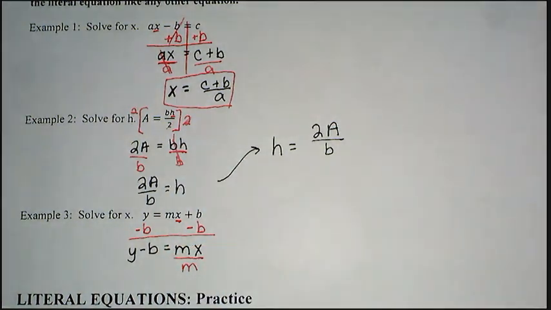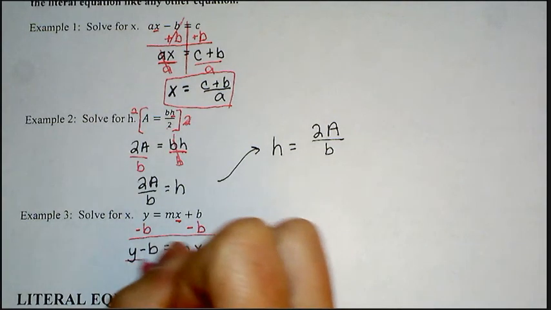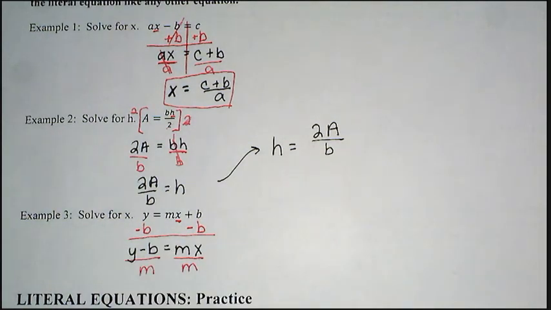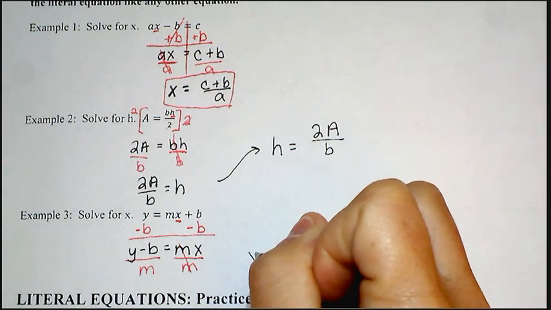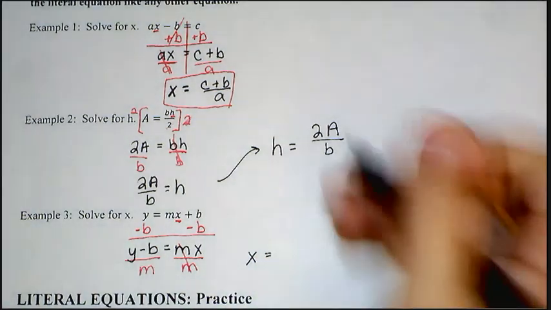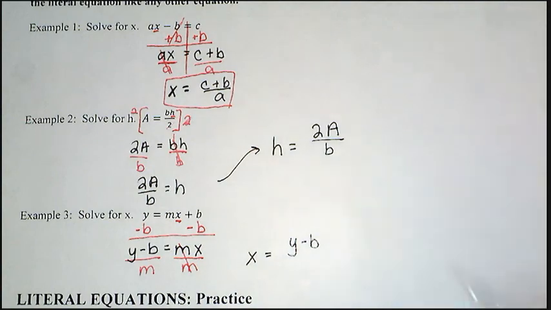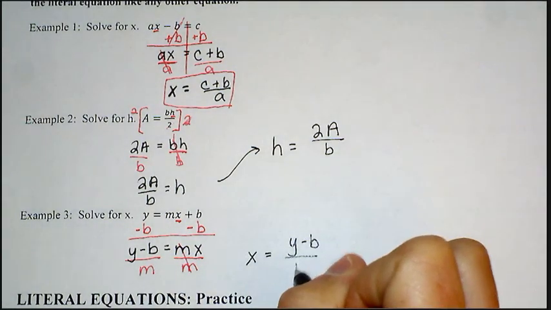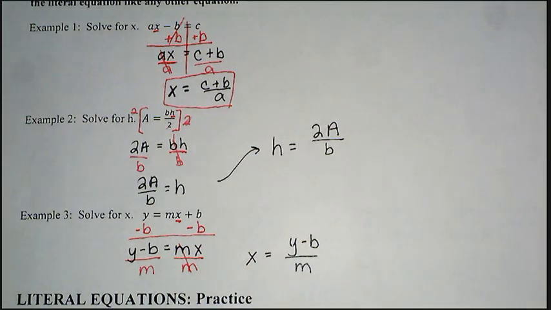Right now, x is being multiplied by m, so I'm going to divide by m. Those m's will cancel out. I don't have a lot of room here, so I'm going to write on the other side. x equals this whole fraction, so y minus b over m. And that is my final answer.